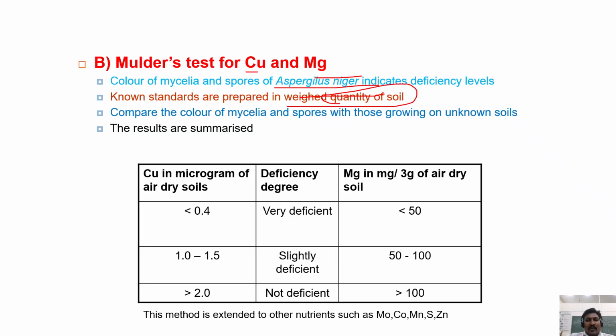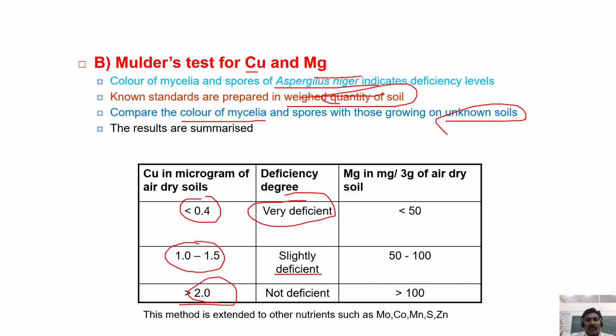Then after growing, the color of the mycelia is compared in both the treated soil and the untreated or unknown soil. If it is very deficient, the copper will be less than 0.4 microgram. Similarly, if it is 1 to 1.4 microgram, it is slightly deficient.